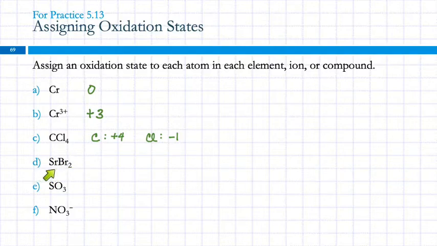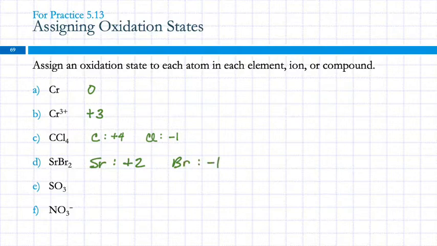SrBr2. So this is a compound. Is it an ionic compound? Yes, it is. So strontium ion. In this compound, strontium actually has a charge. Its charge is 2+, its oxidation state is +2. What's the charge on the bromide ions in that compound? -1.